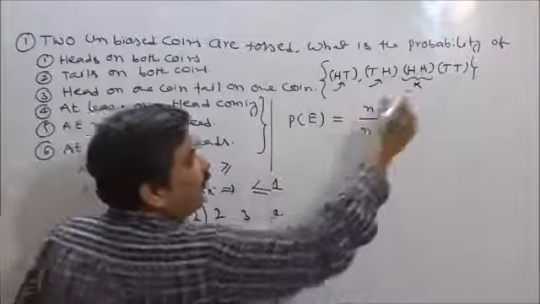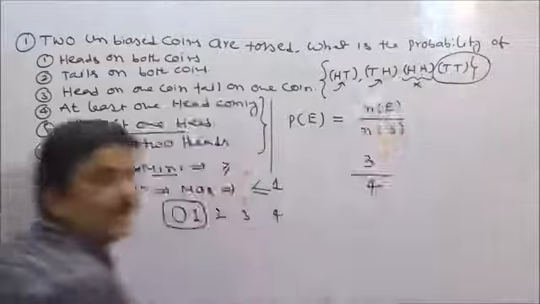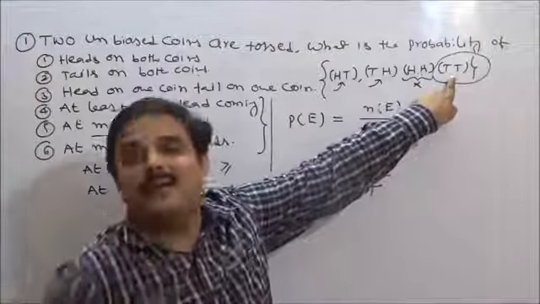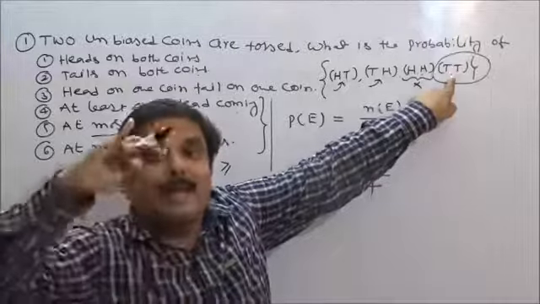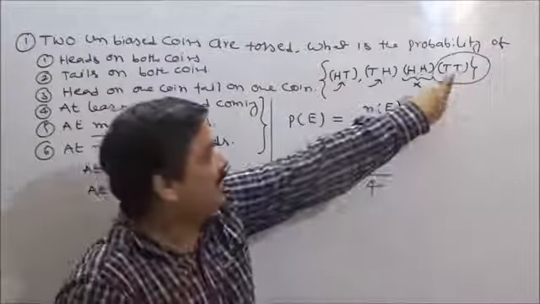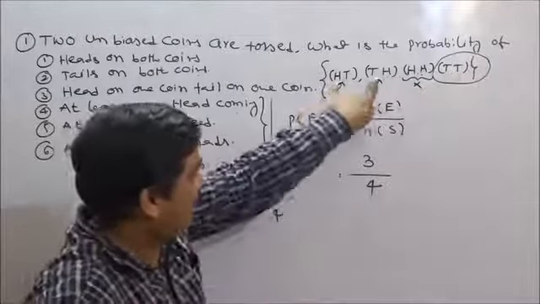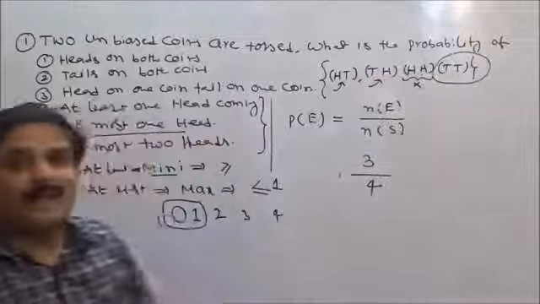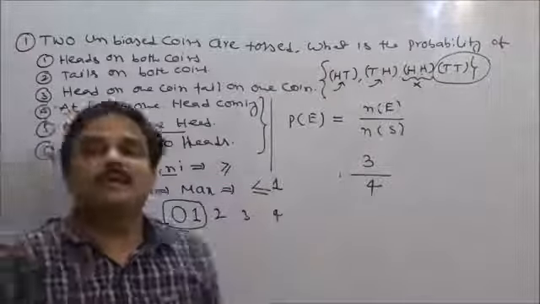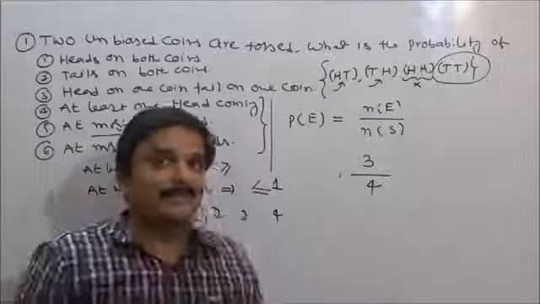Here there is no head at all. 0 heads are there. Even this should be counted, because they have asked for at most 1, maximum 1. So 0 should be taken. Now 1, 2, 3. Again the probability is 3 out of 4, 75% probability.